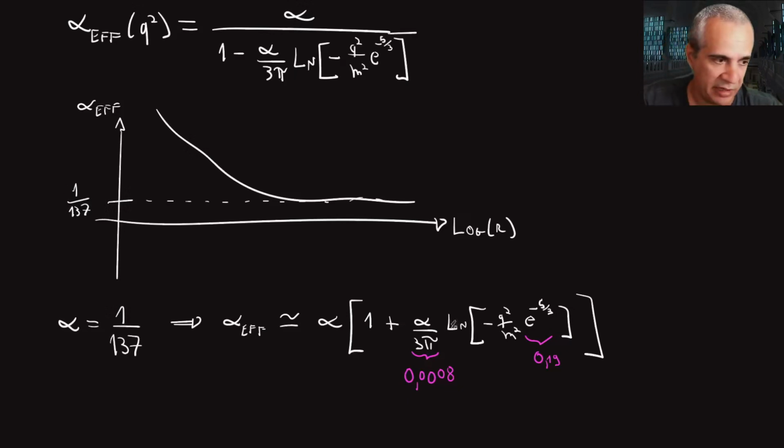You won't notice anything. In fact, we could ask when this breaks down. Because this is the one loop correction, it's supposed to be small compared to the tree-level contribution, which is this part, right?